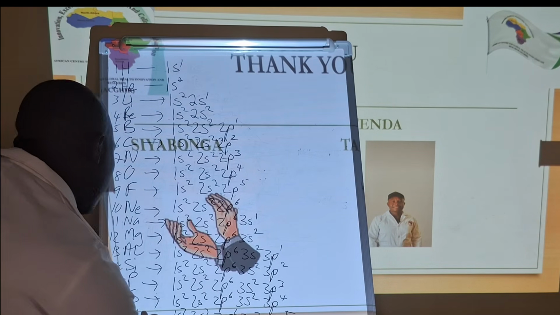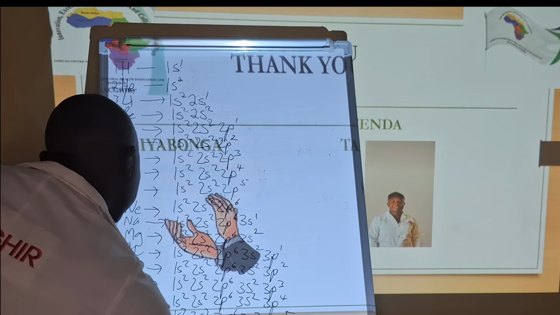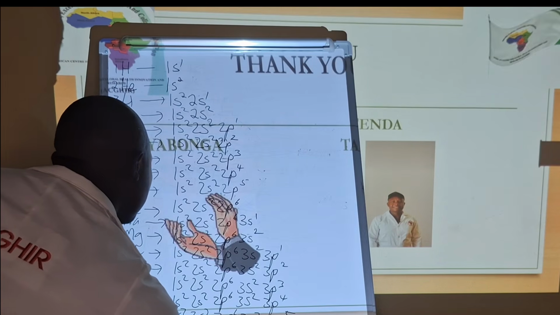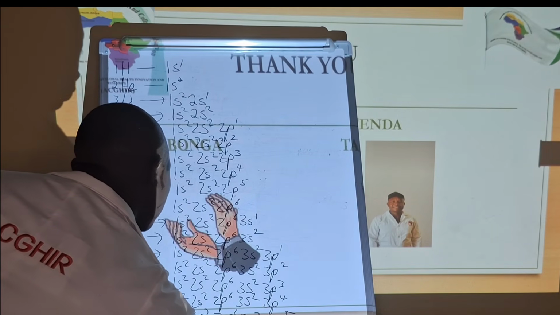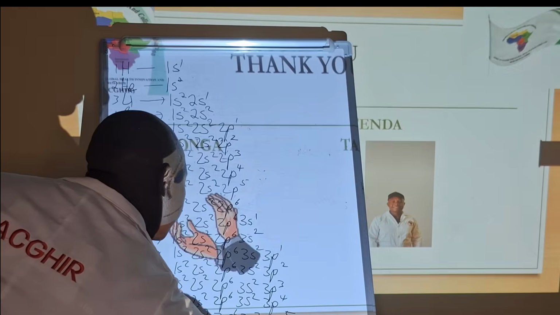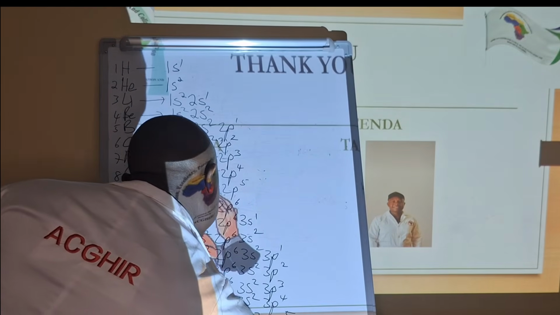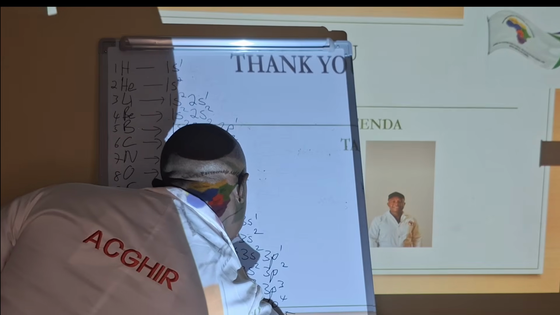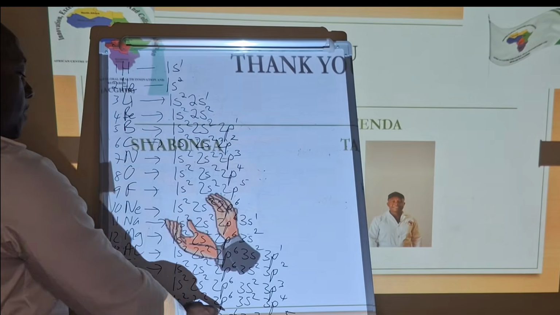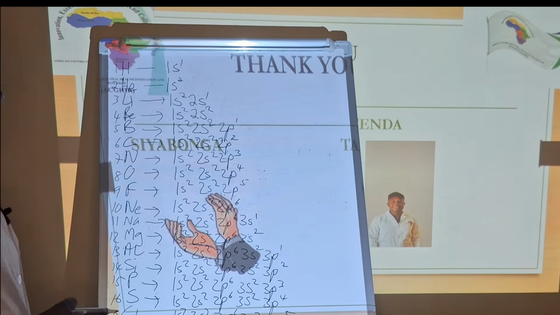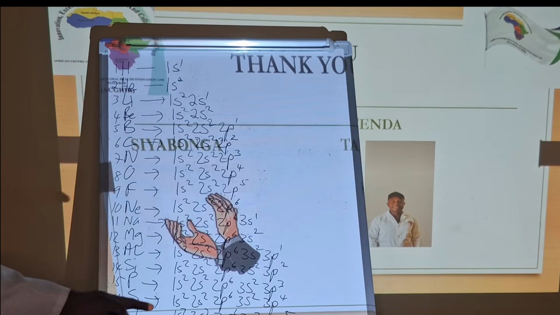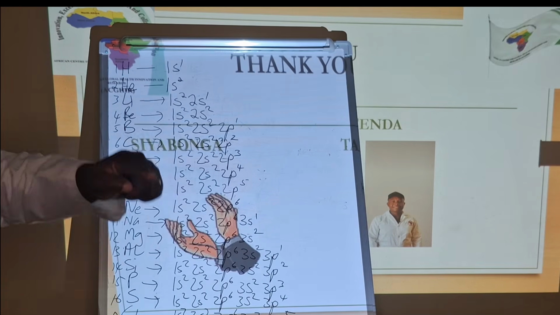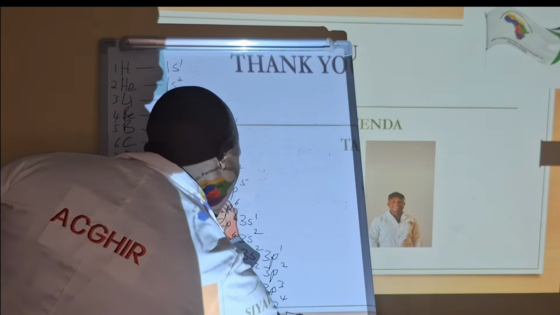Right, then we move on to potassium. 1s2, 2s2, 2p6, 3s2, 3p6. Okay, right. Here we don't write 3d. Why? Because 3d is a higher energy level than what? 4s.